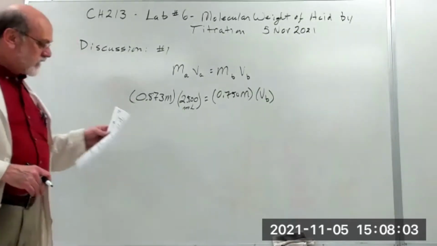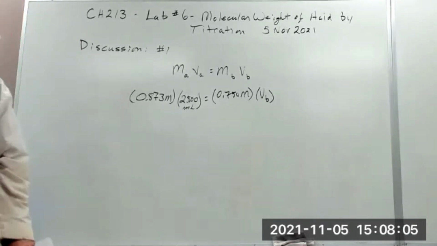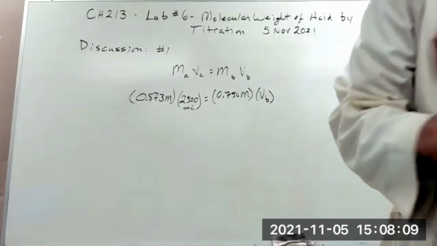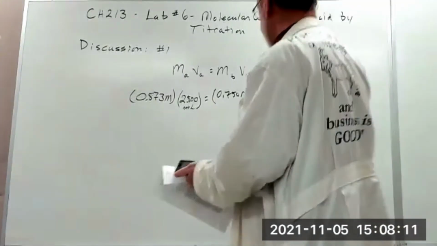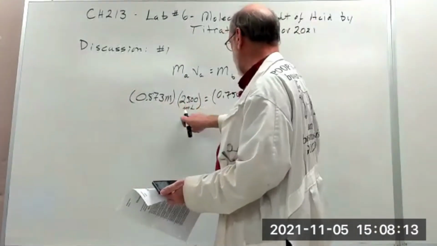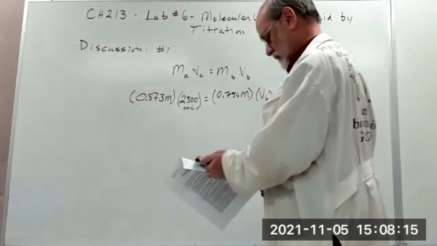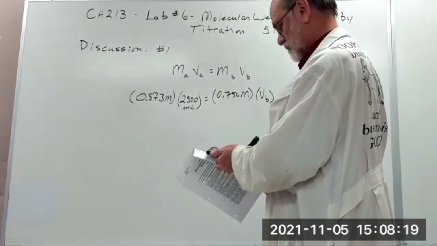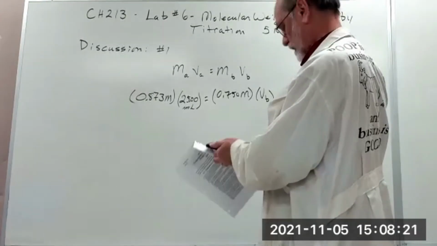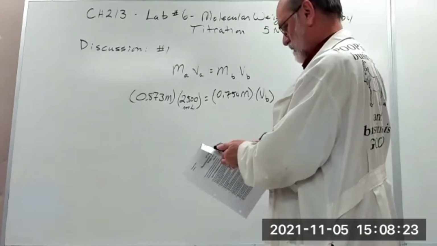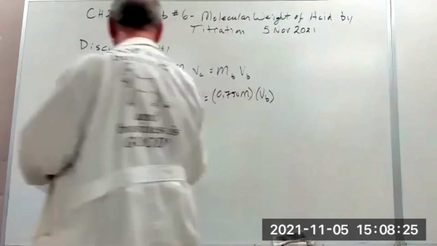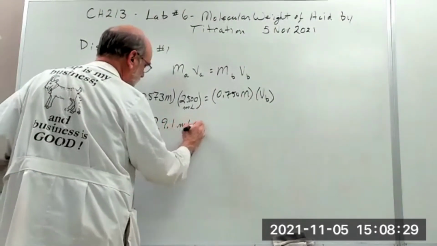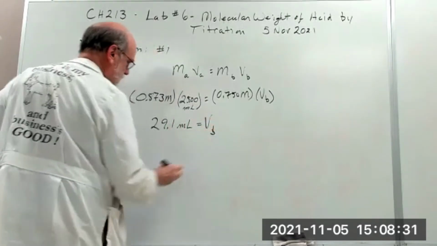Okay, so if we do that calculation, let's see, where's my number cruncher? We just say this one times that one divided by this one. And I get 29.1 milliliters equals the volume of the base.